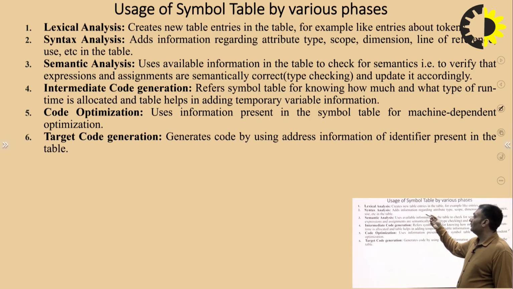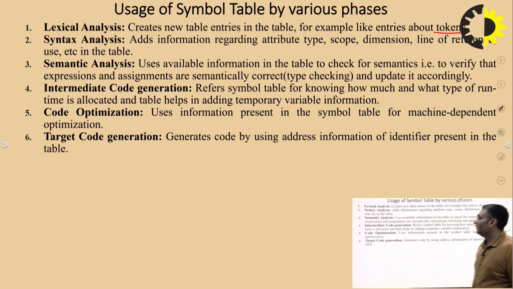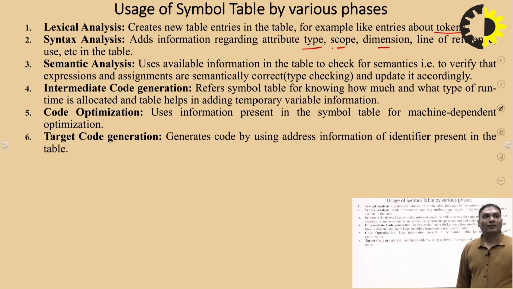In the first phase, the entity related to the tokens is stored inside the symbol table. In the second phase, it adds the information regarding attribute type, attribute scope, dimension, and line references, etc. inside the symbol table.